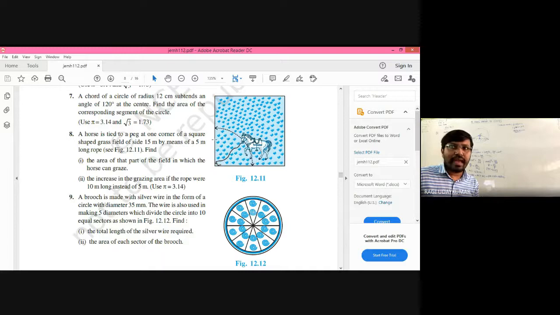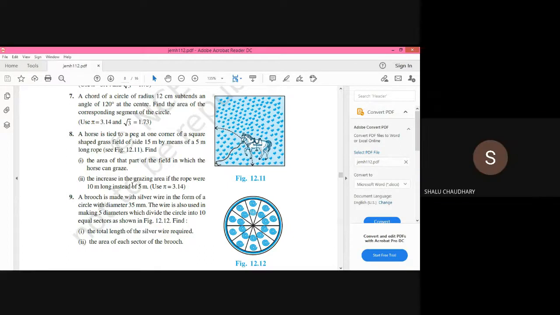That is why it can come up to here, and this is the field, not outside the field. So this is the area you need to find. You need to write that the area of the field that the horse can graze forms a sector, a quadrant. Quadrant means 90 degrees, 1 by 4th of pi r square. Now the question is given. Can you do it?